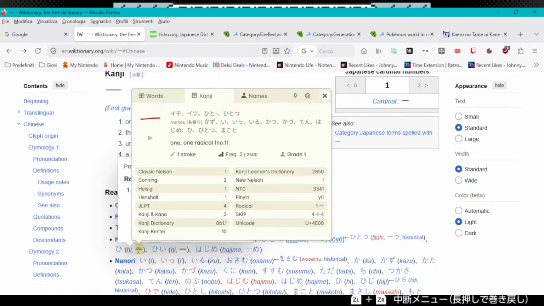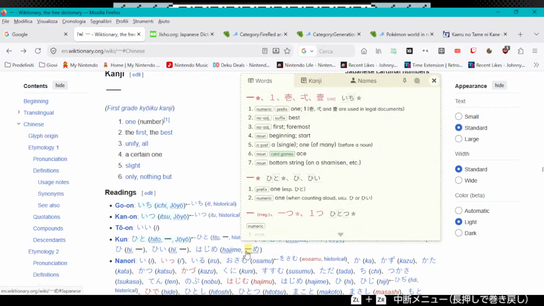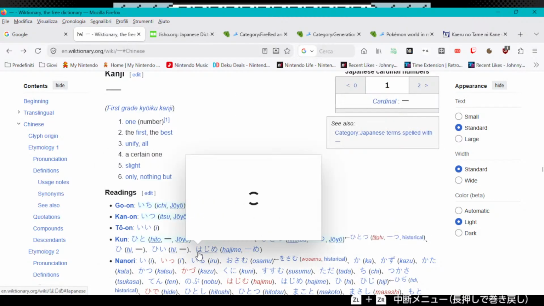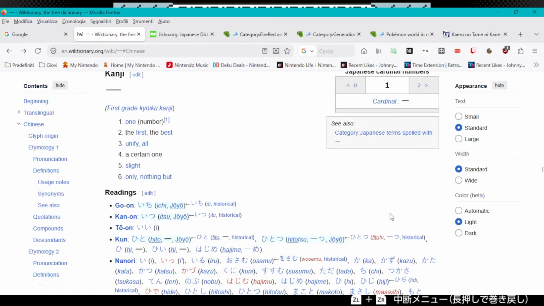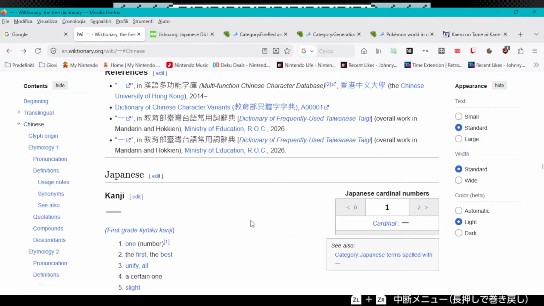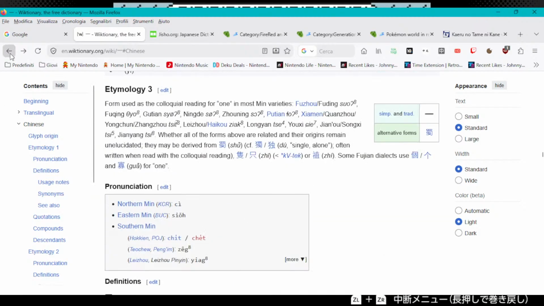I've shown also here they're not even mentioned in the readings in the plugin. So honestly, ignore them, but I wanted to mention them incidentally since they do exist technically. Hajime is not usually used, so we'll ignore it completely. So fundamental readings: ichi, itsu as a variant, hito, of course, then we can add the tsu, hitotsu. These are the readings, and we have seen the meaning, of course.